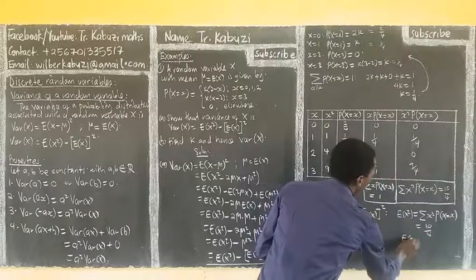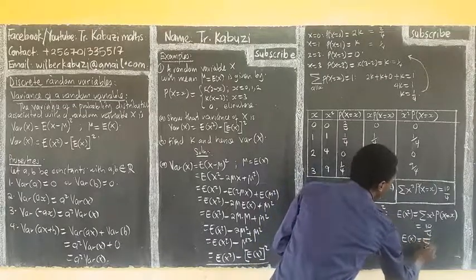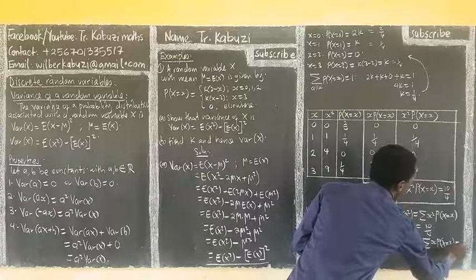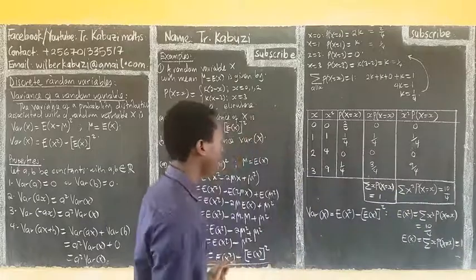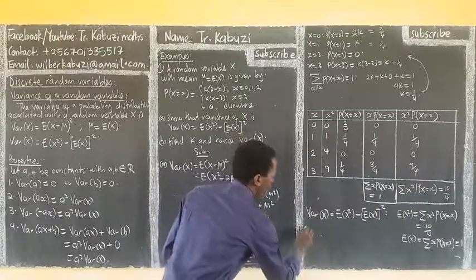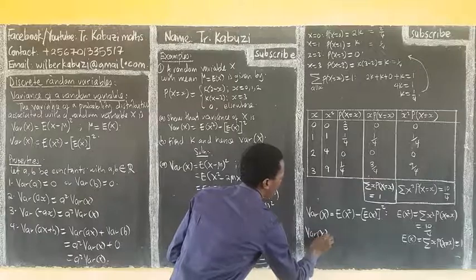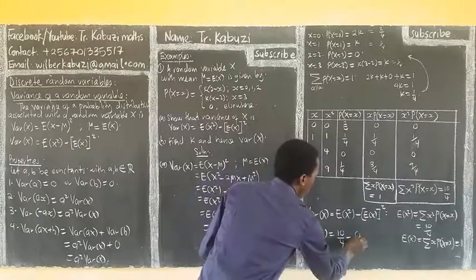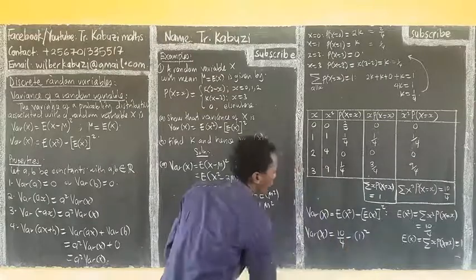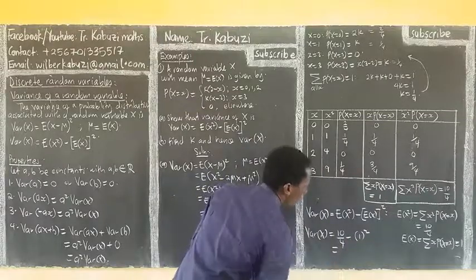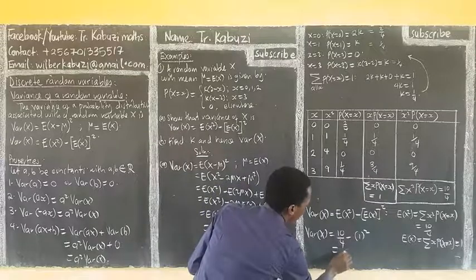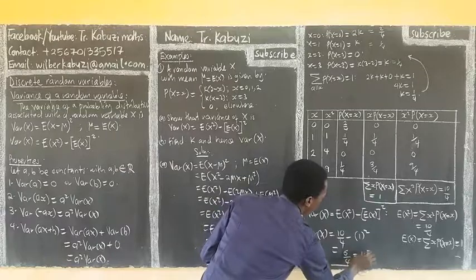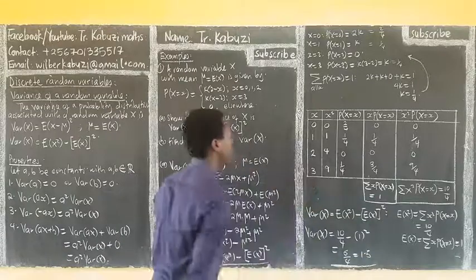Our E of x is the sum of x times the probability, which is 1. Substituting, the variance is 10 over 4 minus 1 squared, which gives us 6 over 4, which you can reduce to 1.5, and that becomes our answer.